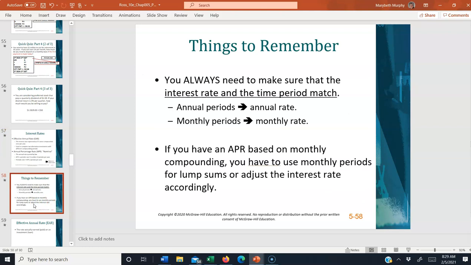You must always make sure, as we've been doing all along, that the annual periods equal the annual rate, and that if we're using monthly periods, we use a monthly rate. If you have an APR based on monthly compounding, you have to use monthly periods for lump sums or adjust the interest rate accordingly.